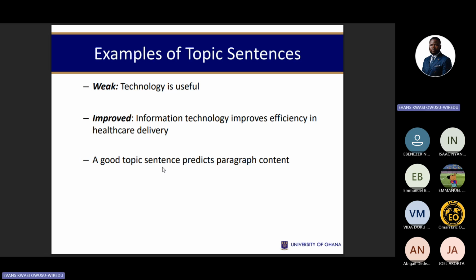Good. So this one directs it in a particular way, and everything that we'll talk about needs to be on this main highlighted thing.